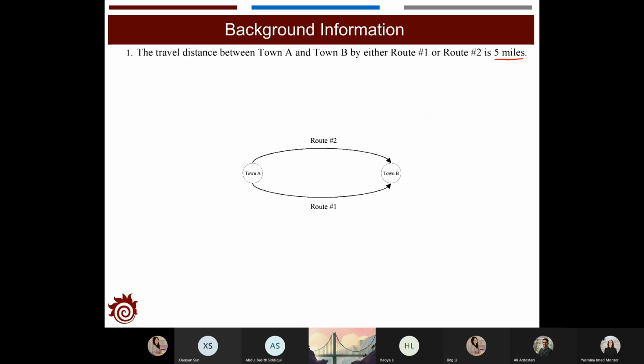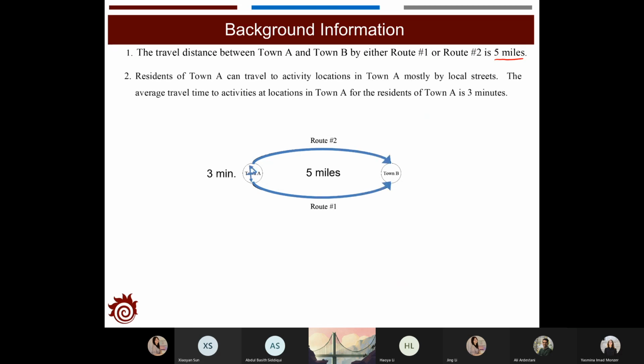We also assume that the residents in town A can take some activities inside town A. If they take any activities in town A, which are internal activities, they will just take the local street in town A. We assume that the average travel time in town A for any kind of activity is 3 minutes at any time, and it is a constant value, without respect to the number of activities in town A.